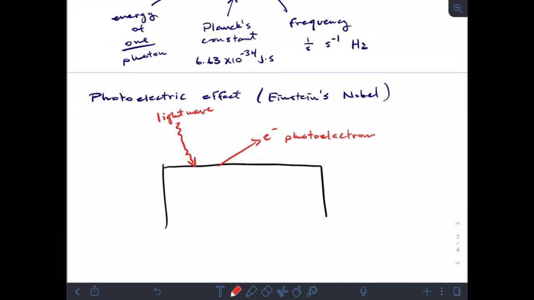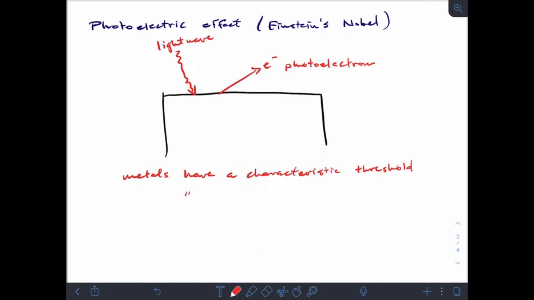So metals have a characteristic threshold. Okay, and that threshold is called a work function.